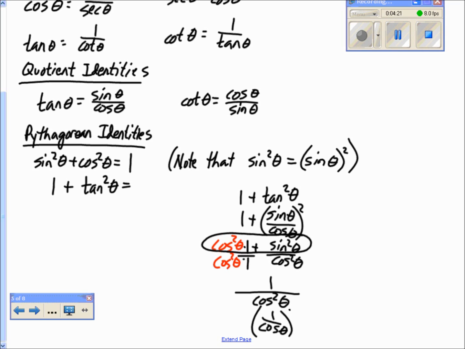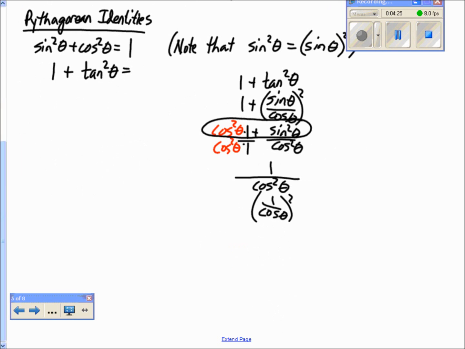Since this thing is squared, 1 squared over cosine squared, that's the same thing as secant squared theta. So back up to, what is 1 plus tangent squared theta? Guess what that is? That is secant squared theta. And it all stems from those properties, doesn't it?